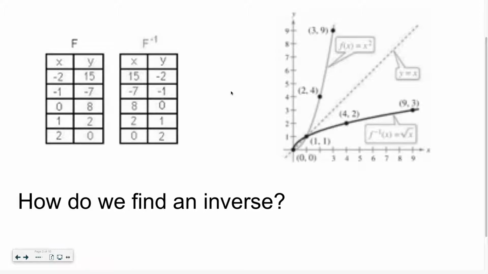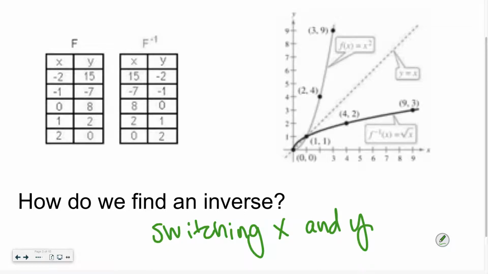It is just a matter of switching x's and y's. Whether it's numerically switching x and y, like in a table, graphically taking our xy coordinates and flipping them to where we have a new graph, or algebraically, where we literally take x and y and switch places and then solve for y. Okay?